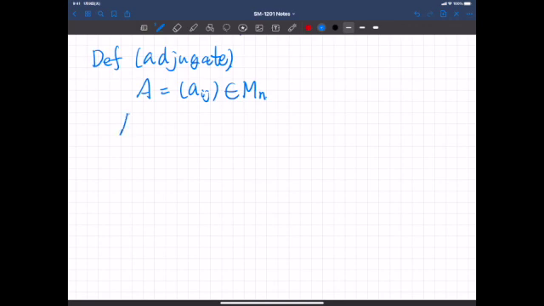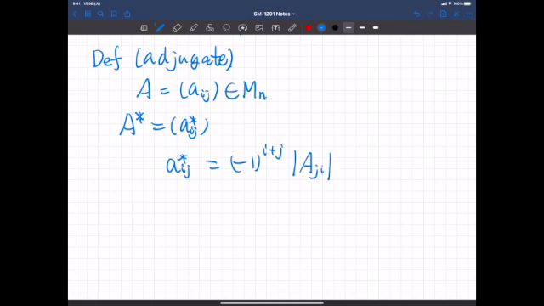Then we define its adjugate, written A star, and we define each element of this adjugate matrix as negative 1 to the power of i plus j, and this smaller matrix A_ji.